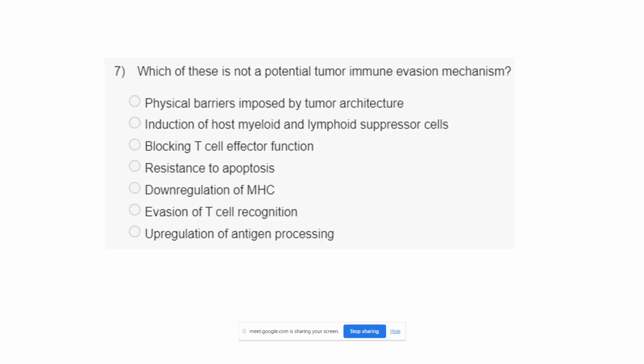Okay. So seventh question, which of these is not a potential tumor immune evasion mechanism?